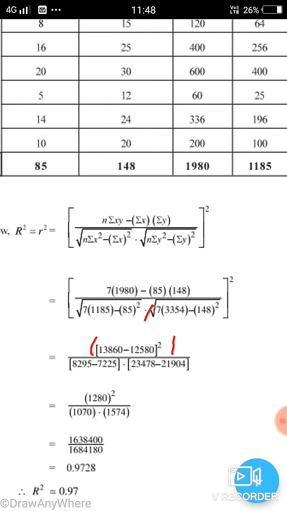So then this step, and then after this step we get our answer, R square is equal to 0.97. Always take only 2 digits after the decimal, do not write down the whole answer. If you write down the whole answer, that is also correct, but it is advisable to write down only 2 digits. So this is how we can find out the coefficient of determination.